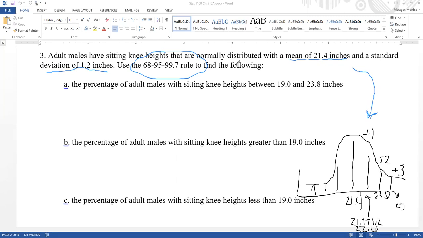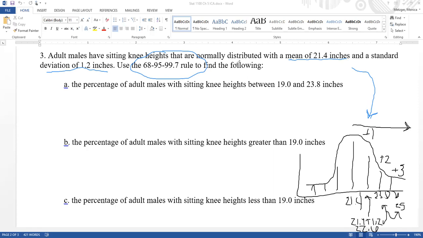We can make sure that our calculations are correct just by going through some of the reasoning here, right? We know that if our mean is 21.4 right in the middle, all the values to the right should be values that are greater than that mean. And we can also make sure that we get those same calculations a couple different ways. So what I did first is I added the 1.2 every single time I moved along.